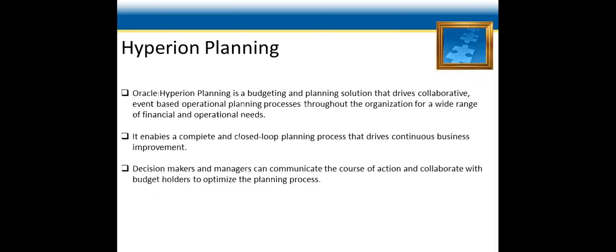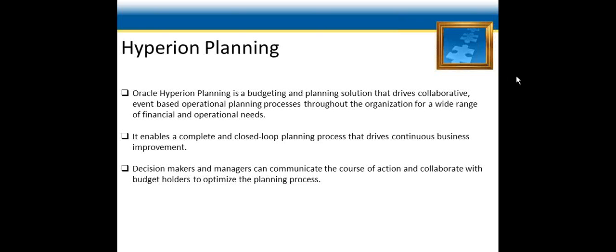Hyperion Planning. Oracle Hyperion Planning is a budgeting and planning solution that drives collaborative, event-based operational planning processes throughout the organization for a wide range of financial and operational needs.